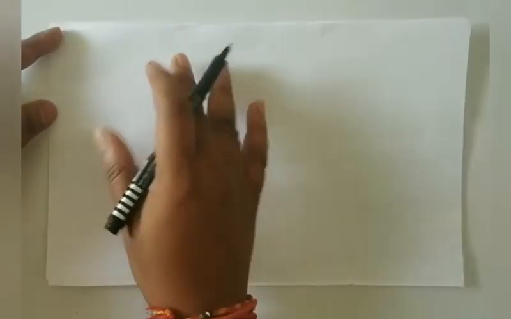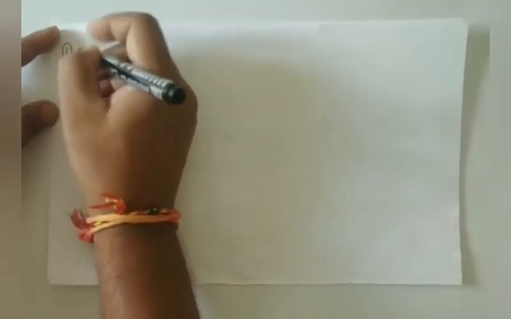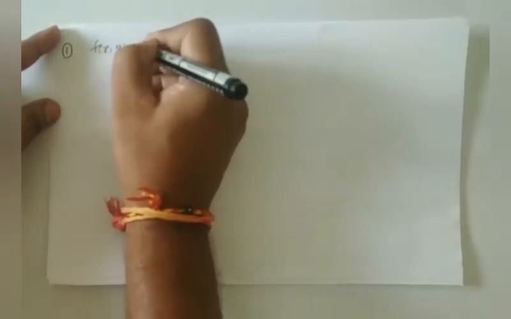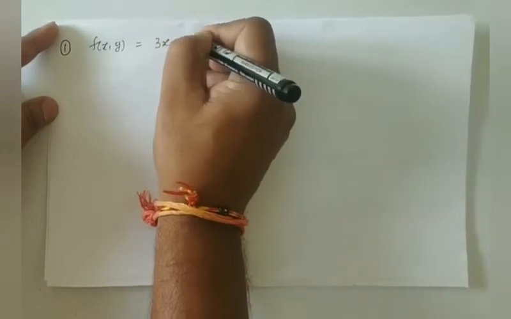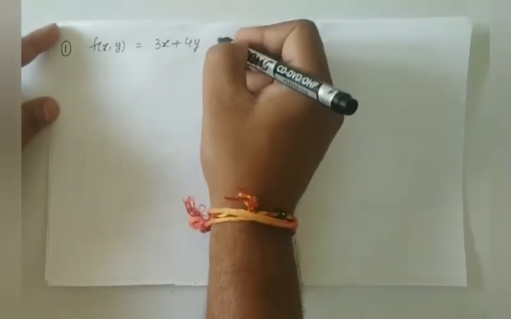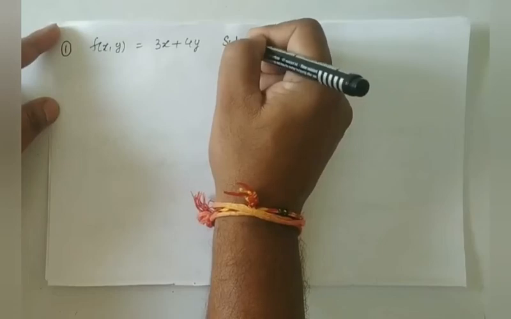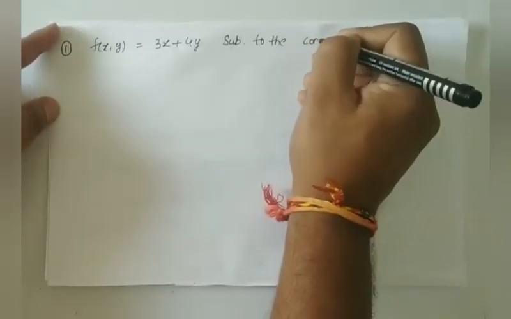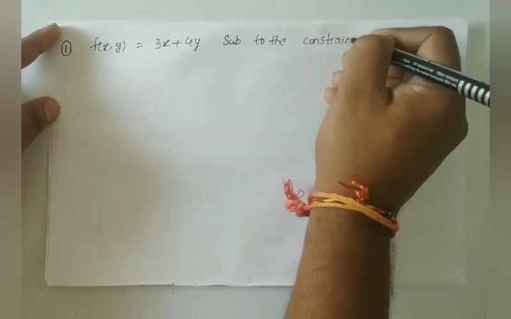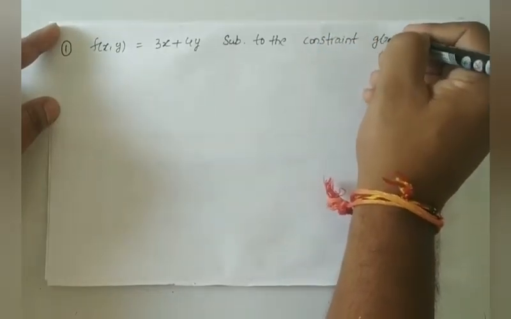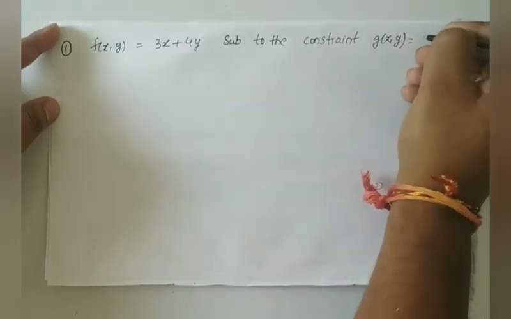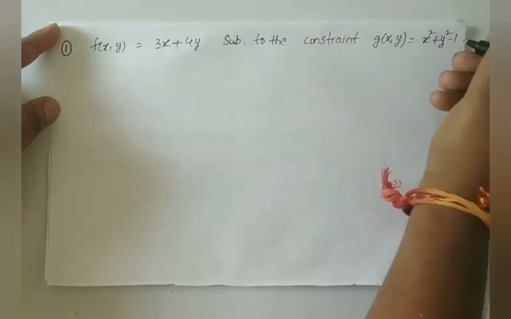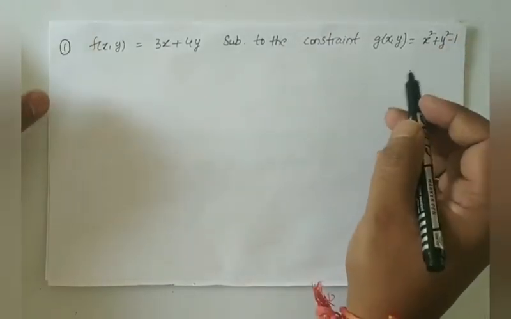Okay, write down the problems. First one, please do all these problems. f of x comma y is equal to 3x plus 4y, subject to the constraint g of x comma y is equal to x square plus y square minus 1, that is, x square plus y square is equal to 1.